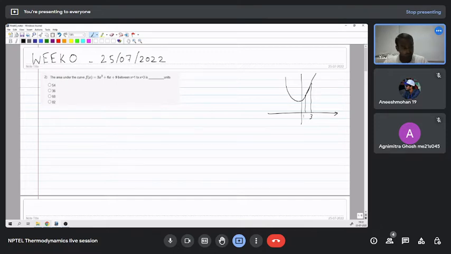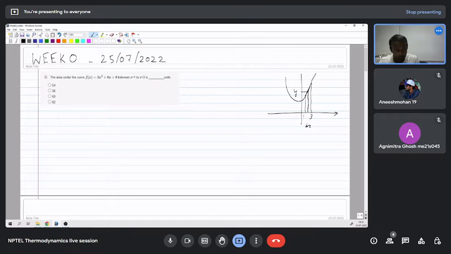So for this, assuming a small strip in between where this length is given by dx and height is given by y, we assume within the small strip the value of y is constant, so the height is constant, so we get the area of this small strip as dx into y.